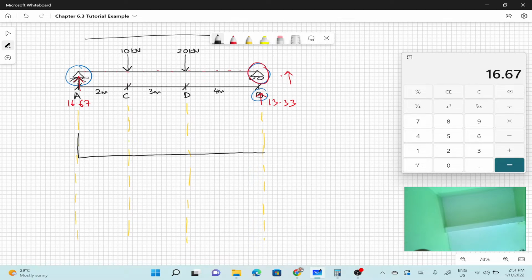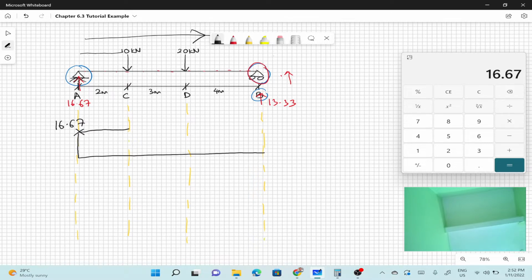You want to go in that direction until you get to B. So you start with 16.67. Then you keep moving, but there is nothing, so you just have a straight line here.